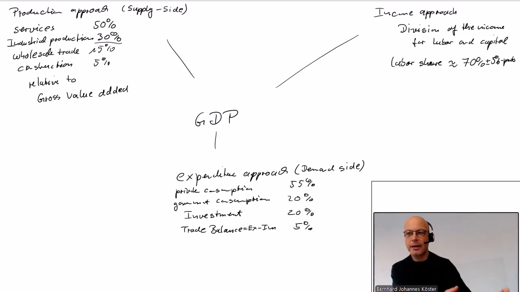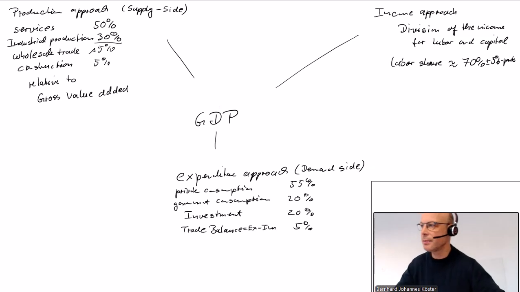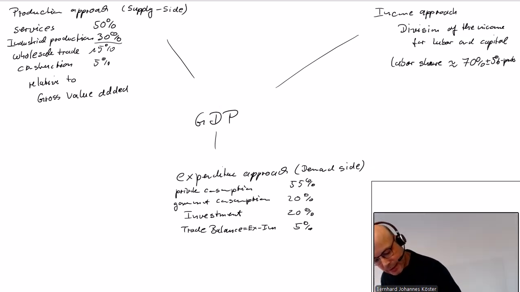From gross value added, we got the GDP by adding taxes minus subsidies. And in the income approach it was relative to national income.